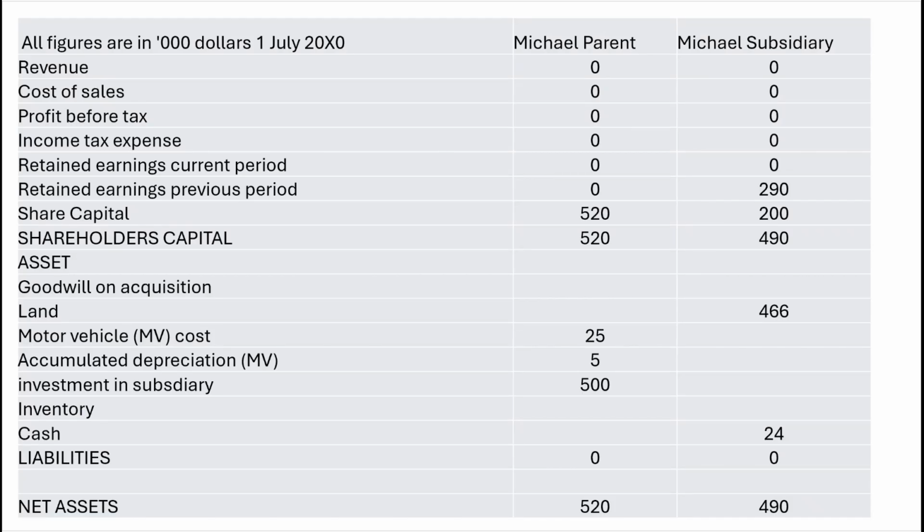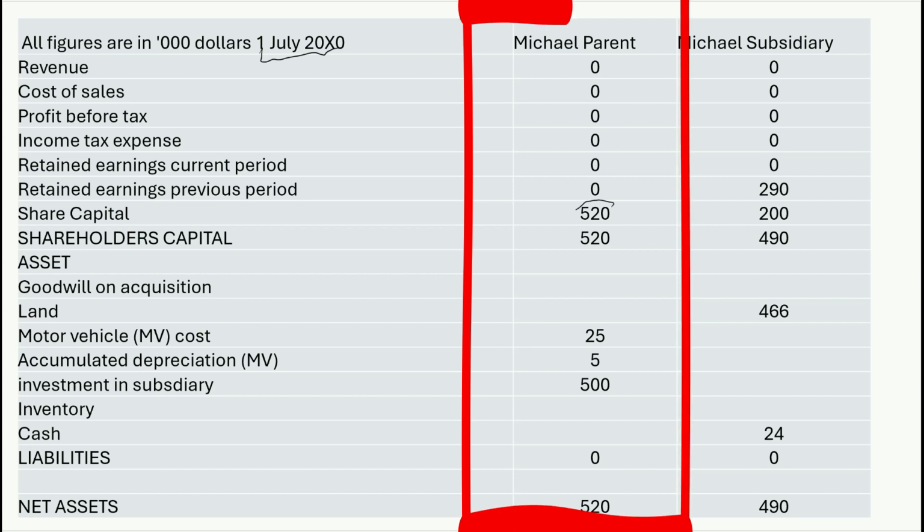So on 1st of July 20X0, Michael raised $520,000 of share capital and invested $500,000 in previously Samuel's business, now called Michael's Subsidiary, and purchased a motor vehicle.